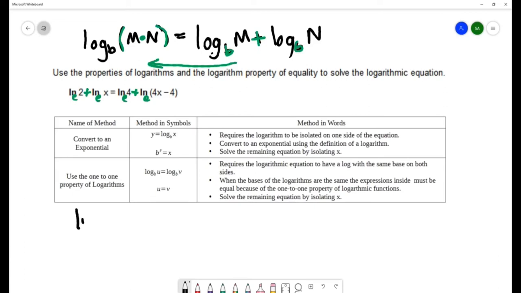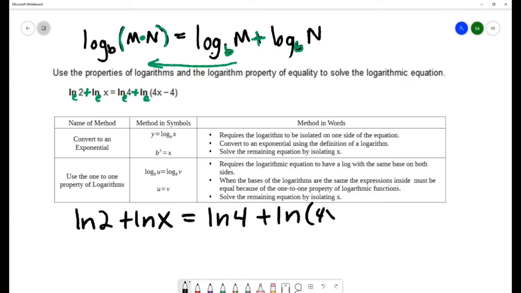I'll rewrite the equation: natural log of 2 plus natural log of x equals natural log of 4 plus natural log of 4x minus 4. Just by the way, in case you were wondering why I wrote an e on here, natural log has base e.